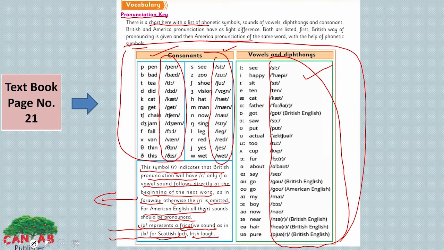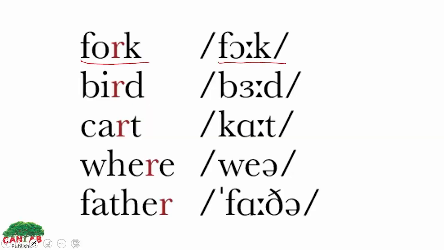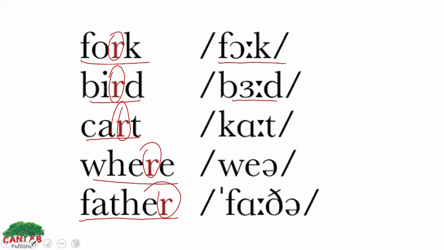Let me give you some examples of silent R: fork, bird, cart, where, father. In British English, the letter R is silent here.